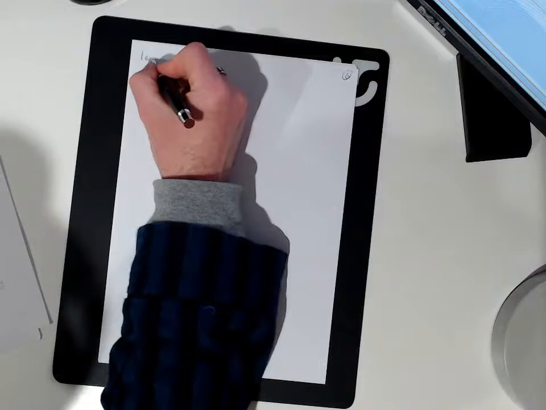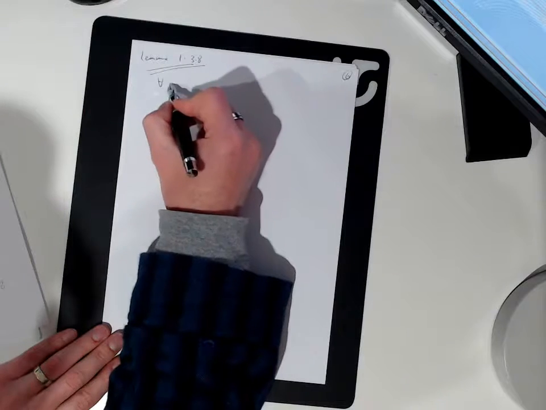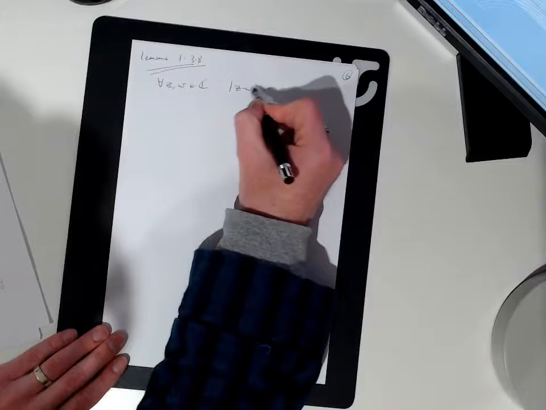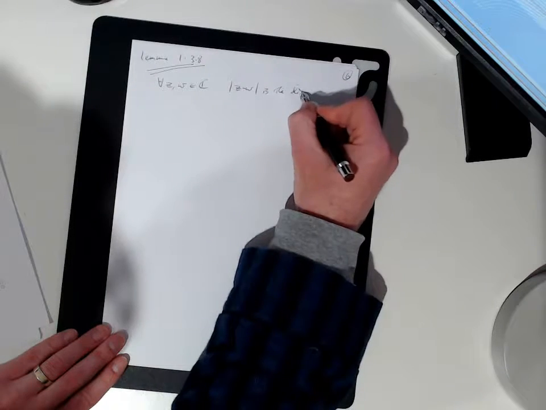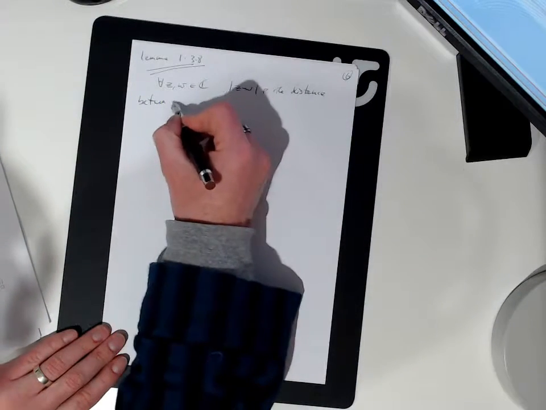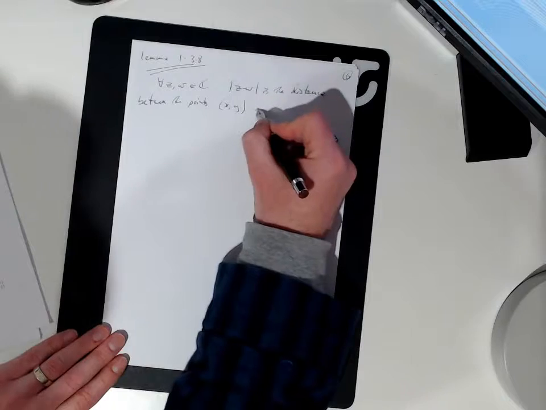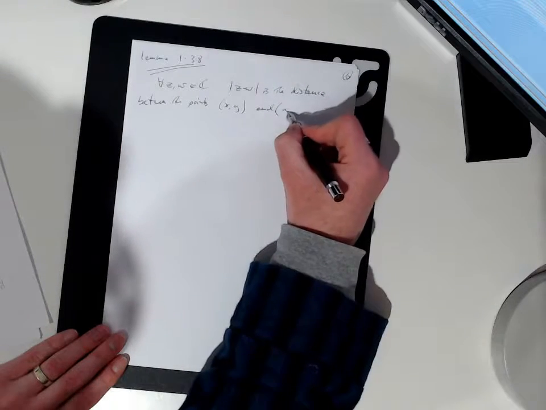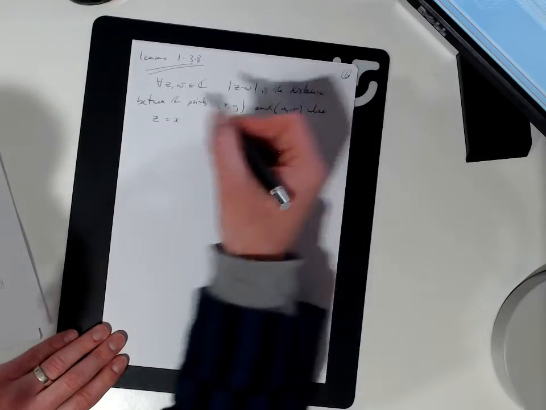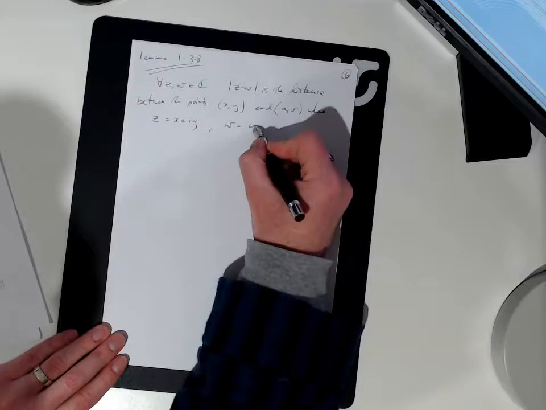So we've got lemma 1.3.8. For all z, w in the complex numbers, z minus w is the distance between the points (x, y) and (u, v), where z equals x plus iy, and w equals u plus iv.